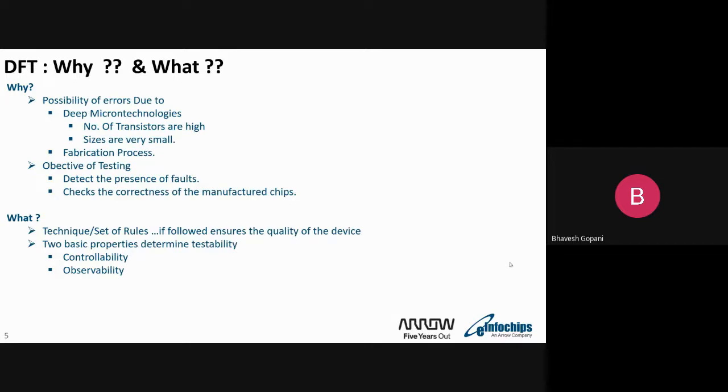When the technology node is shrinking, there are more chances of defects during the manufacturing process. And another thing is that the functionality has increased too much. There are more functions in a chip nowadays.